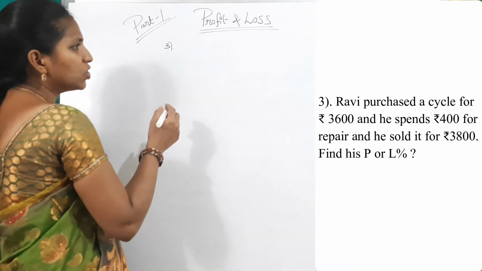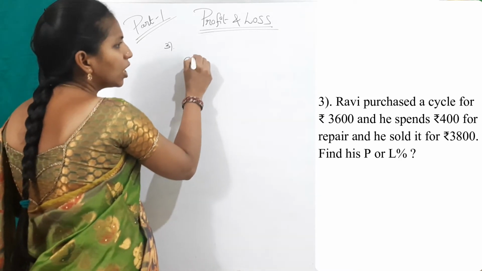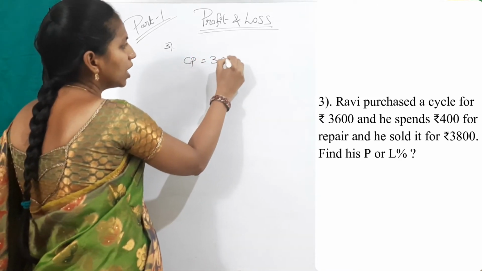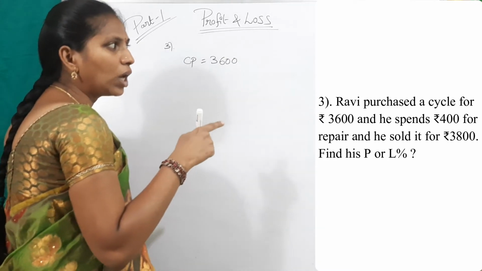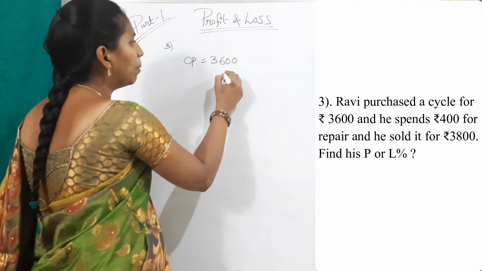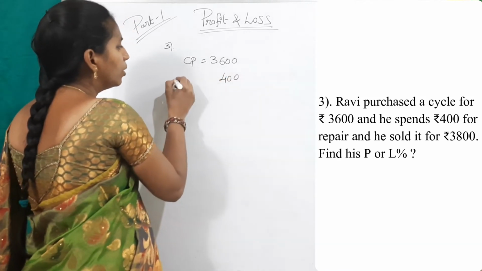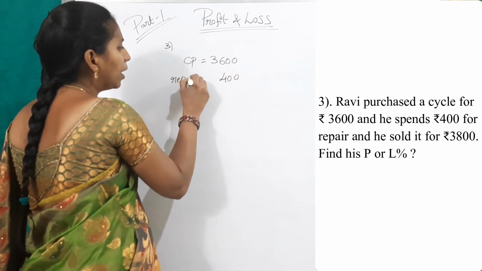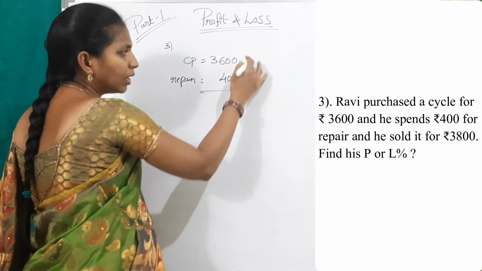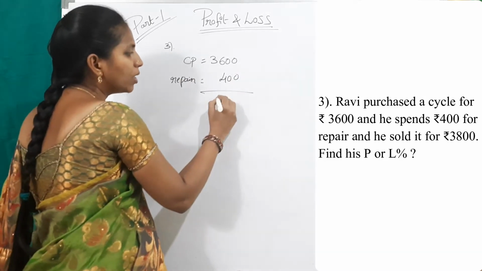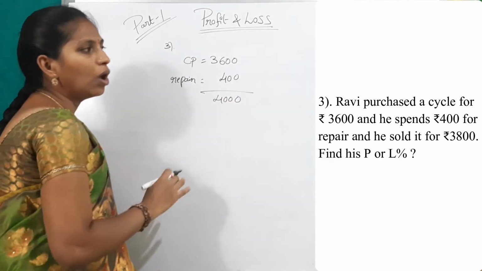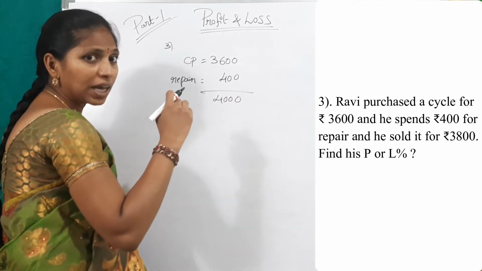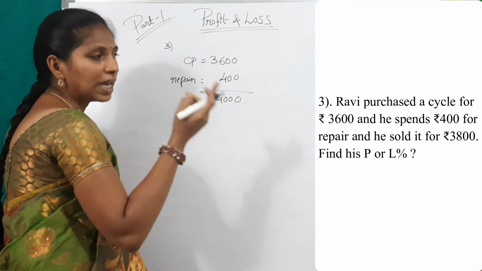Here Ravi purchased a cycle, cost price equal to 3,600 rupees and he spends 400 rupees for repair. Now take the total of these two. How much? 4,000 rupees. Now the new value of CP equal to 4,000 rupees.